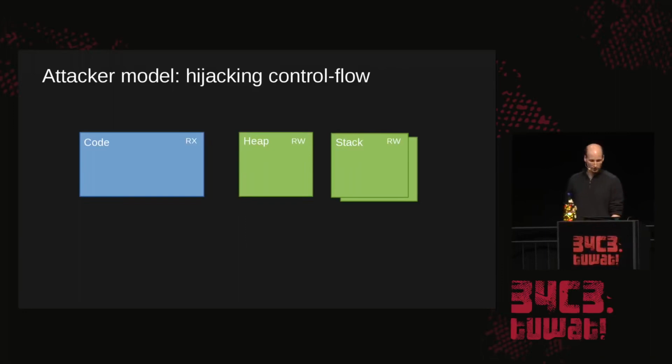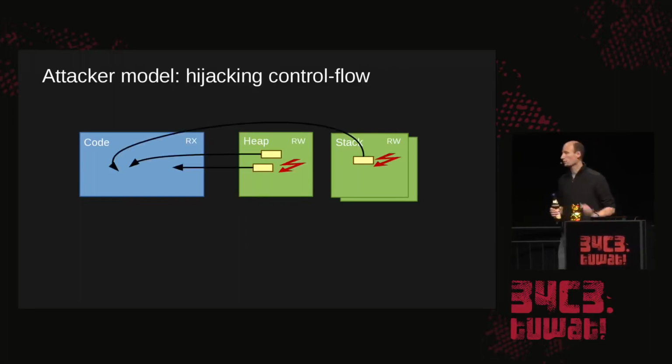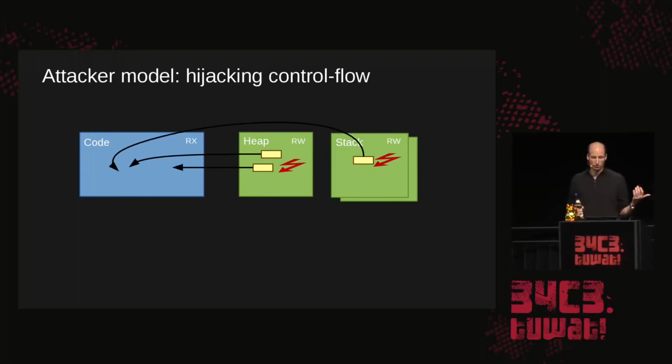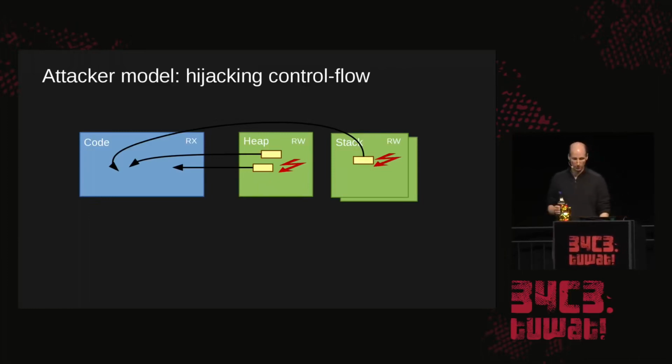What we have here is a large amount of code pointers on the heap and on the stack, which then point to the code region. To get code execution or to hijack the control flow, an adversary can simply overwrite these code pointers and redirect them to some alternate location. And this is precisely what is being done for a control flow hijack attack.